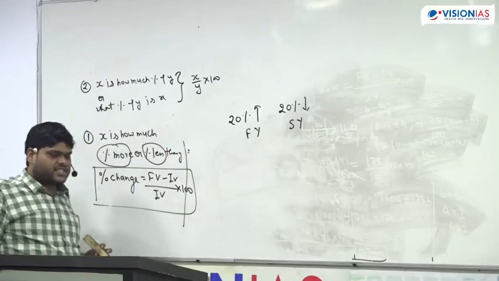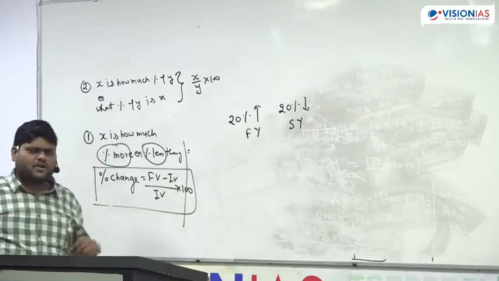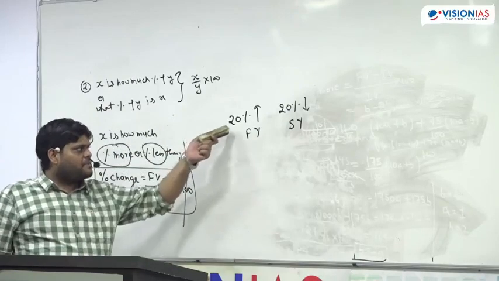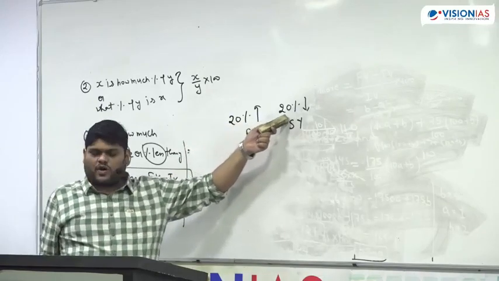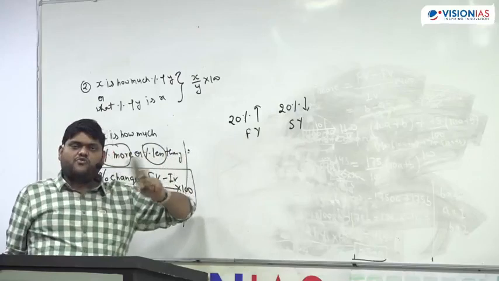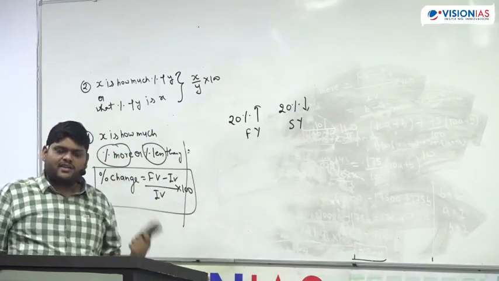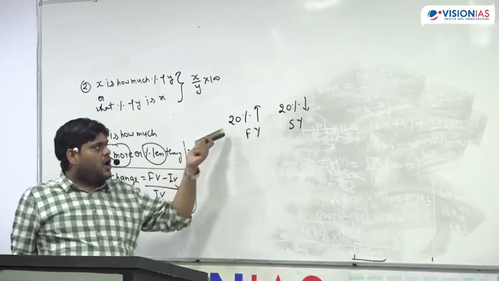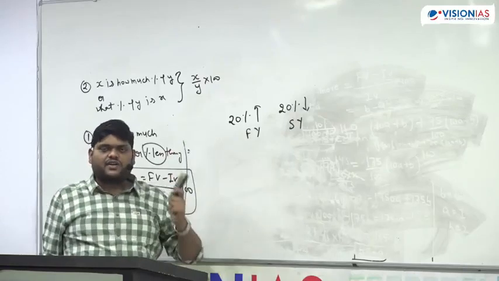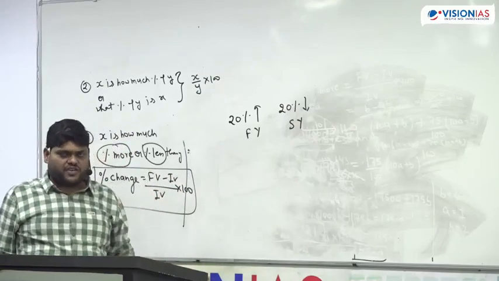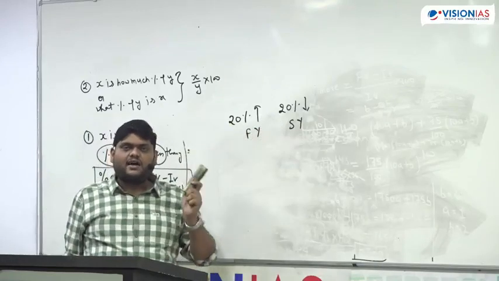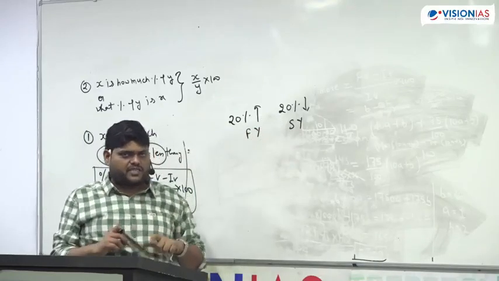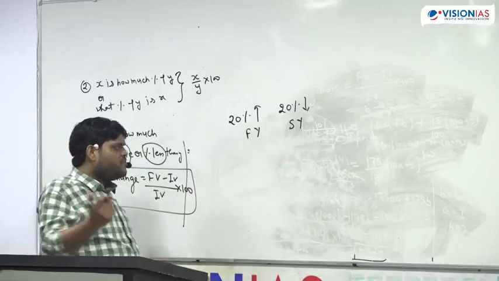A number is increased by 20%, then decreased by 20%. Find the percent of change in the number, or the population. A simple question. So how will we solve?